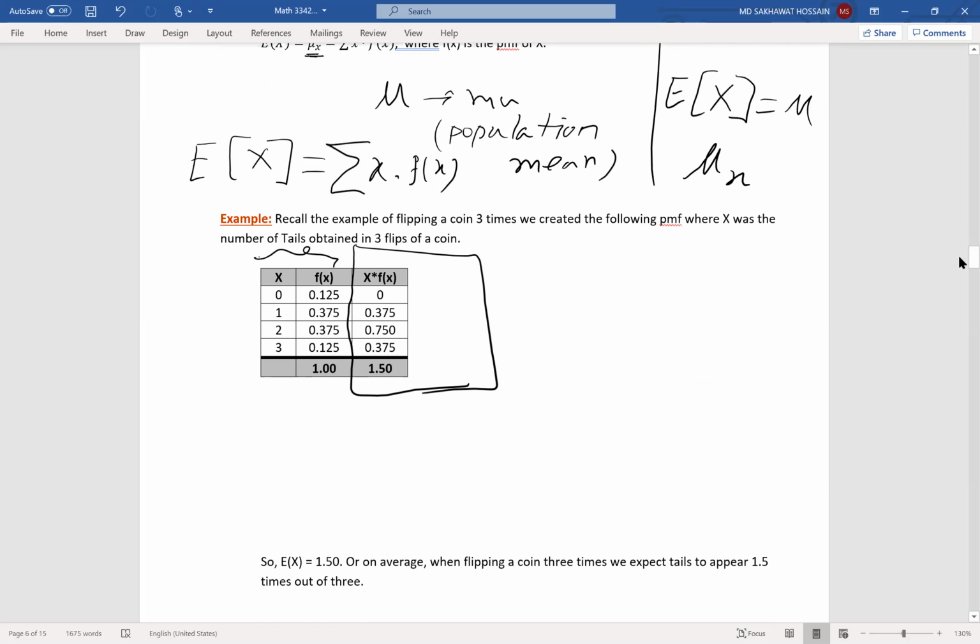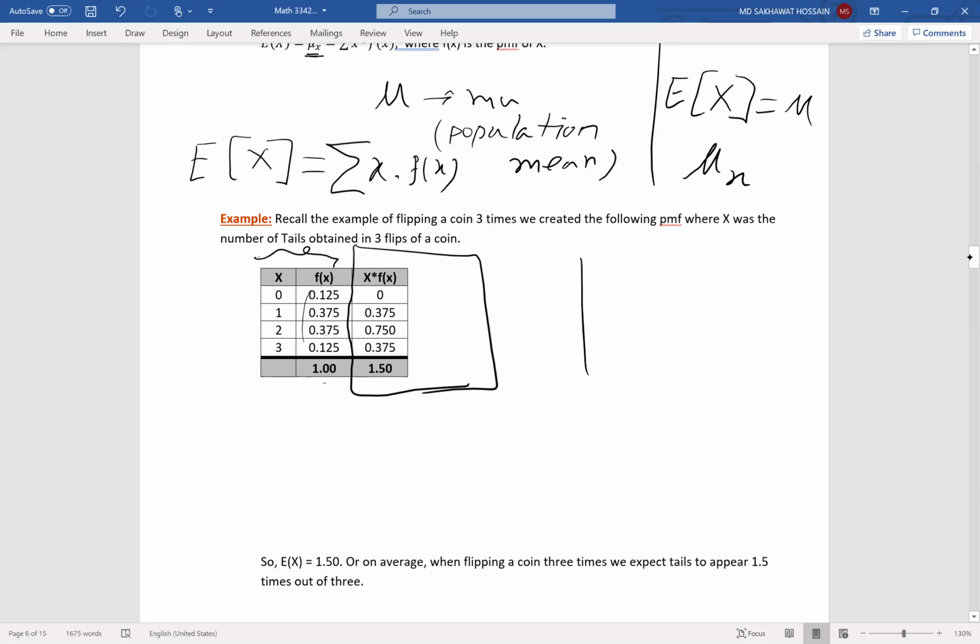There are two ways. One way is if it is mentioned in the problem that this is a probability distribution. The other way is that we have possible values of x and all the corresponding functional values, f of x, are between 0 and 1, and the total probability, if we add them together, is 1.